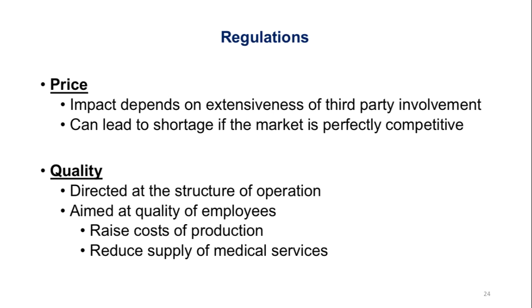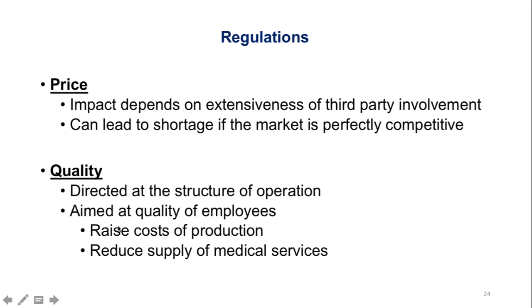So the regulations could be by setting the prices. The impact depends on the extensiveness of the third party involvement. It can actually lead to a shortage if the market is perfectly competitive, and the quality could be affected, directed at the structure of operation.